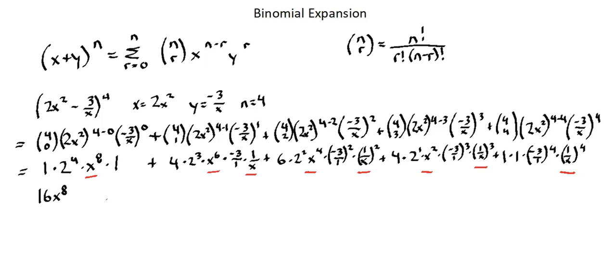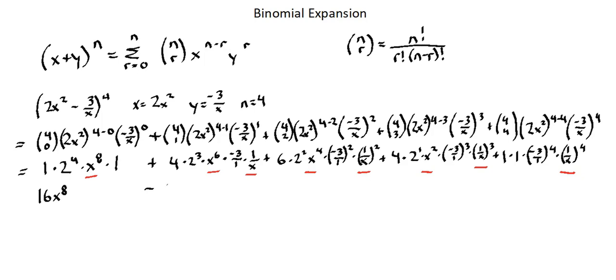Now going on to the second term, we have 4 times 2 cubed times negative 3 over 1. So this will be a minus. Let's expand or multiply out 2 to the power of 3. That's 8. 8 times 4 is 32. 32 times 3 is 96.